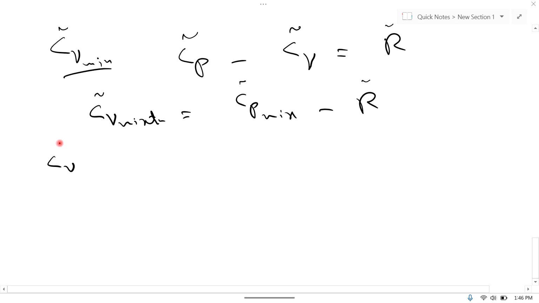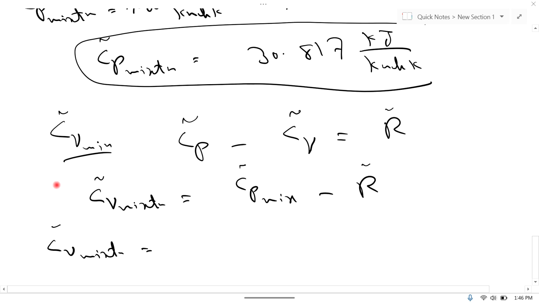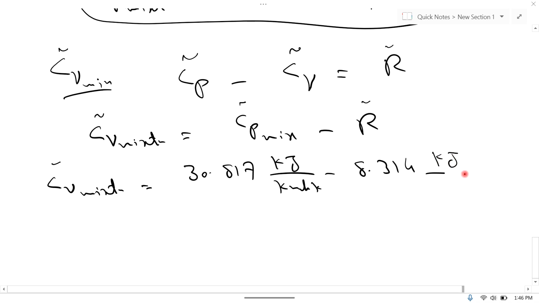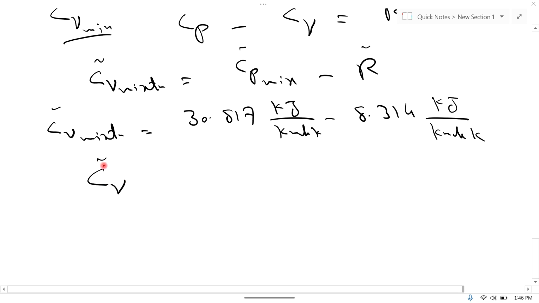So Cv dash is 30.817 kilojoule per kilomole per Kelvin minus the value of R, 8.314, which gives 22.503 kilojoule per kilomole per Kelvin.